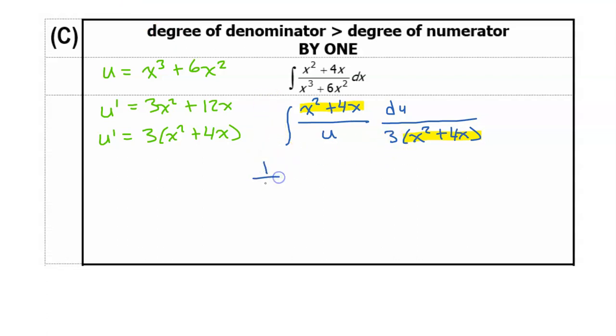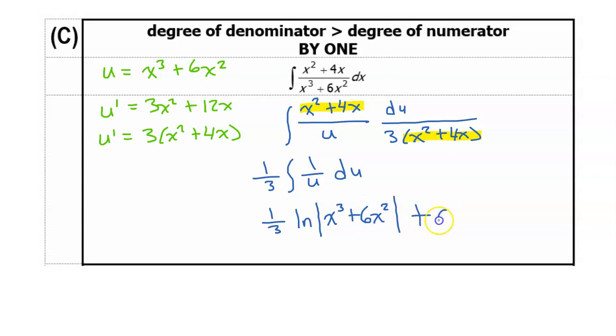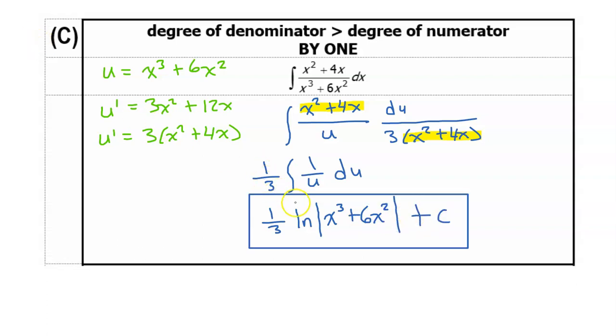So I have 1/3 times the integral of 1 over u du. So we have 1/3 times the natural log of the absolute value of u. In other words, the absolute value of x to the third power plus 6x squared, plus c. So we could have used partial fractions to solve this, but that would have been the long way.